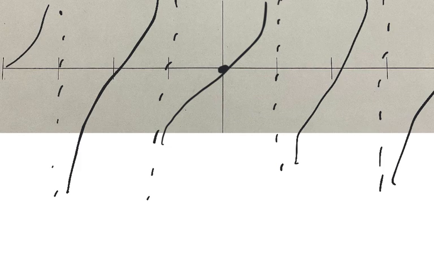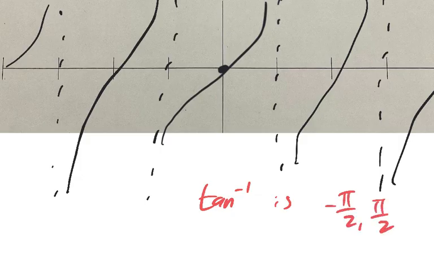Where would you cut this to be one to one? So right here's a vertical asymptote, right? And then there's the next one. So we would go from, right, inverse tangent is from negative pi over 2 to pi over 2. I'm interested in how they write this. Do they have inclusive on one end?